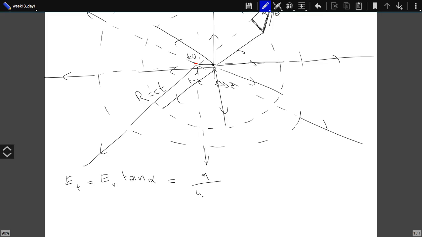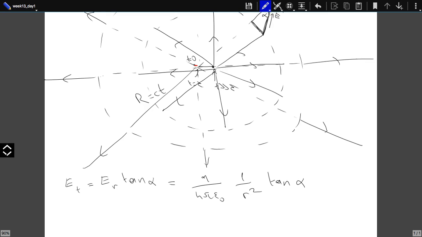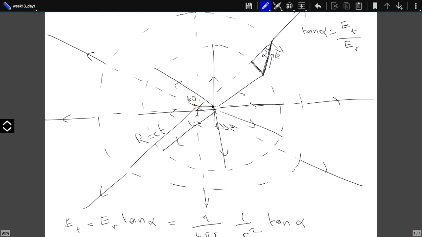The tangential component is equal to q over 4 pi epsilon 0, 1 over r squared, tangent alpha. And this r, as you like, you can take either to be this length or anything in between. They are basically the same.